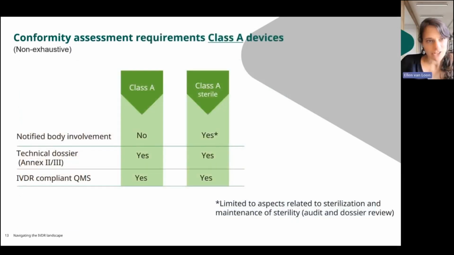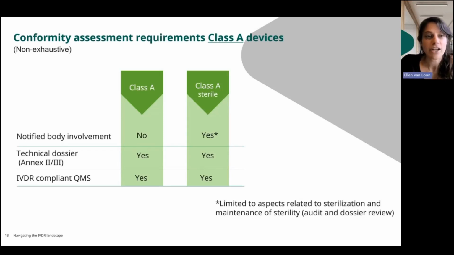So let's start with Class A devices. Class A devices do not need a notified body, and they can be self-certified. However, if you have a sterile Class A device, then the notified body is involved, but it is limited to aspects related to sterilization and the maintenance of sterility.